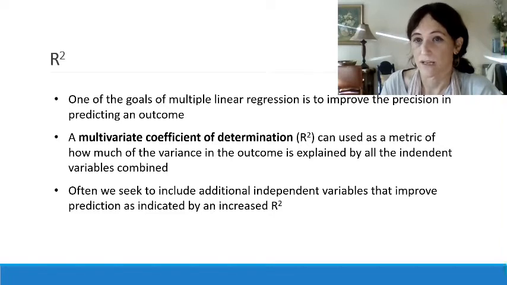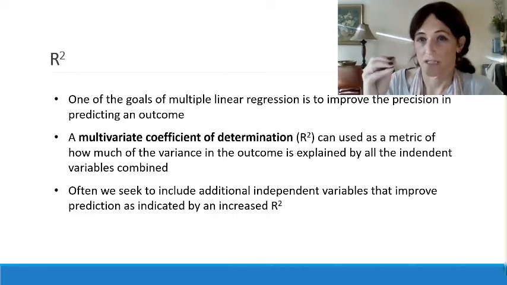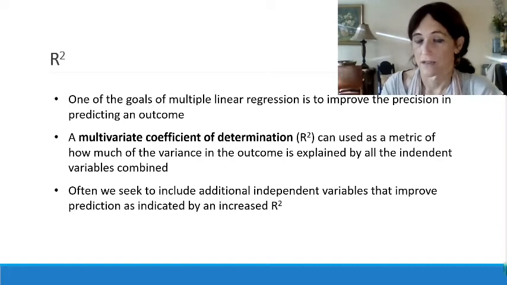It's one way that we can assess the relative predictive strength of a model based on changes in R squared. And so we often seek to include additional independent variables that improve prediction and increase our value of R squared.